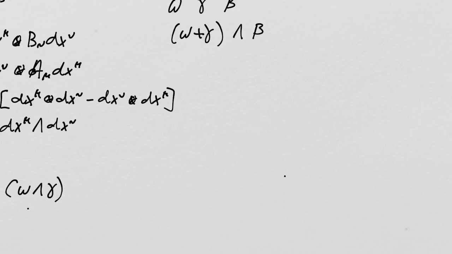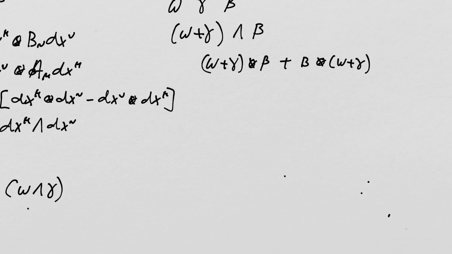And I can say, well, this is supposed to be omega plus gamma, tensor product beta, plus beta, tensor product omega plus gamma, right? But I know tensor products are linear, right? So I know that this is going to be omega tensor product beta plus gamma tensor product beta plus beta tensor product omega plus beta tensor product, oops, I put pluses in there.